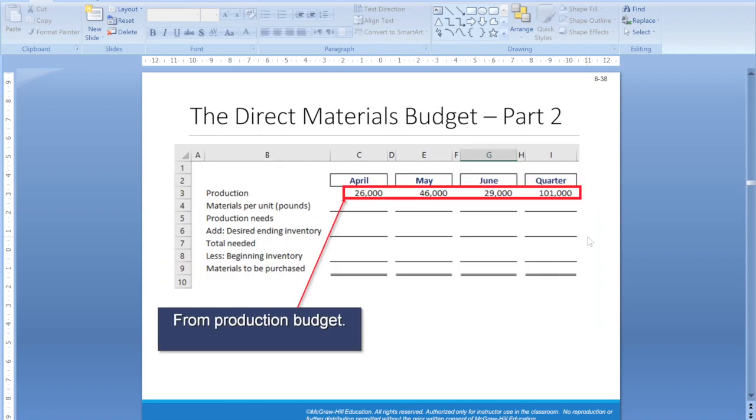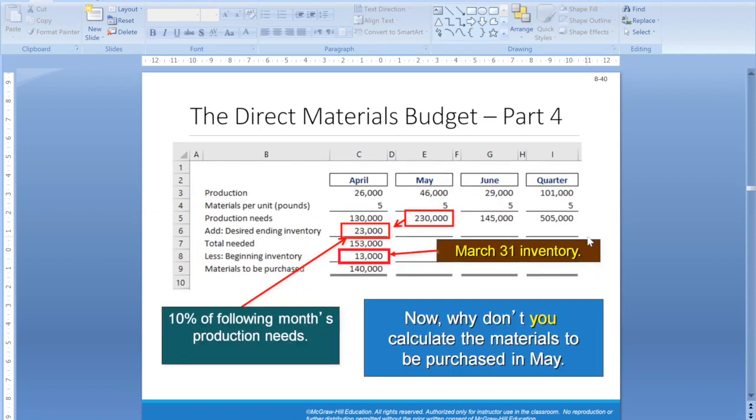Okay, so I need to keep 10% of the next needs, and I'm talking about May, and also I'm talking about the 230, not the 46. Why? Because that 46 represents finished goods, but I'm talking about pounds. So I need 230,000 pounds for May, not 46.